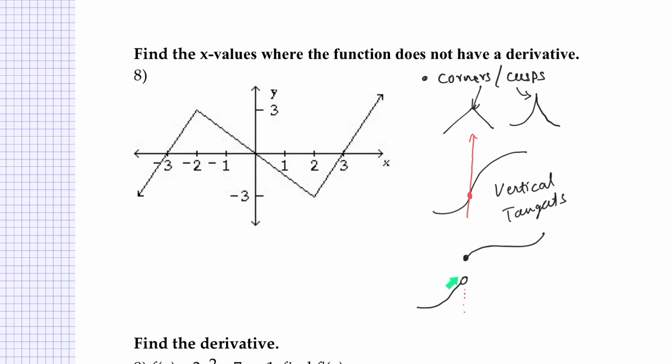So the derivative fails at those x values because the given graph has corner points at x equals negative 2 and at x equals 2.